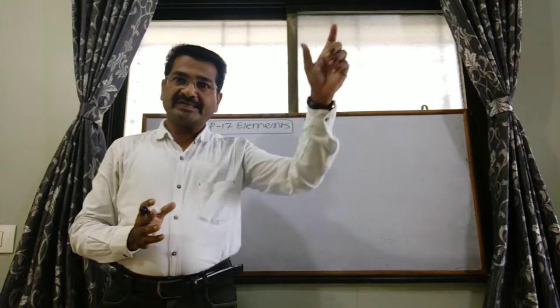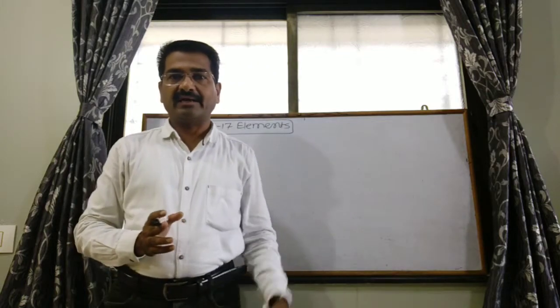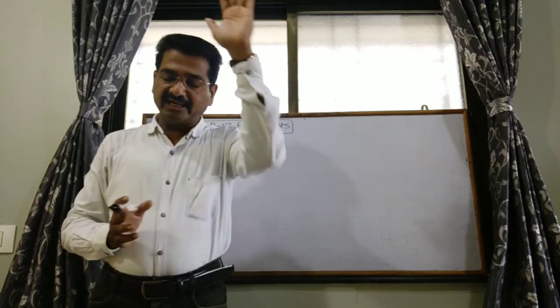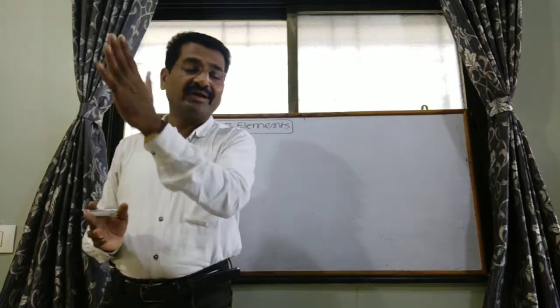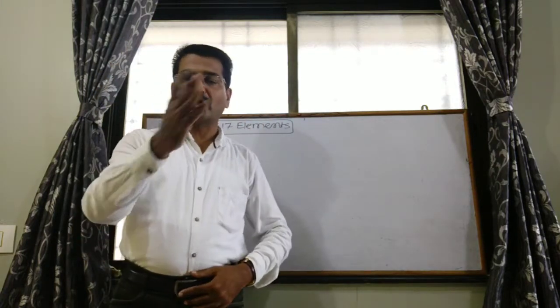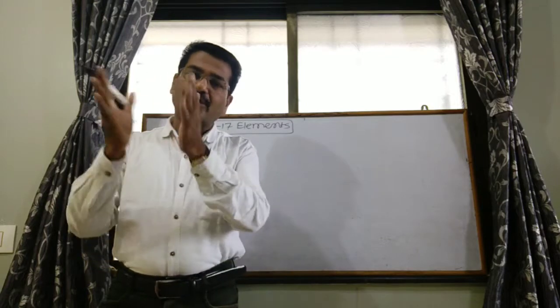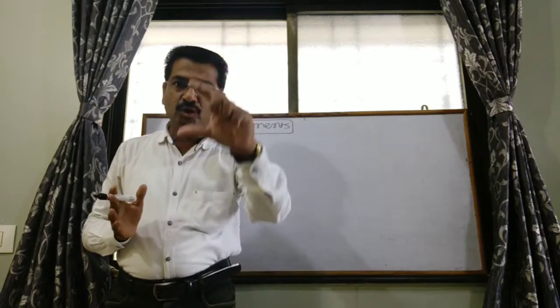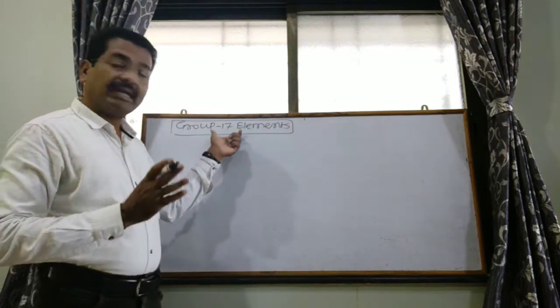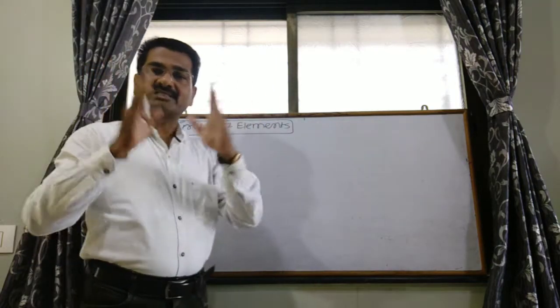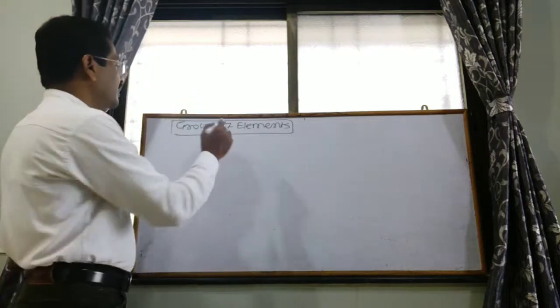We know in the periodic table there are 18 groups and 7 periods. That is the modern periodic table. In this modern periodic table, the elements placed in the 17th group.